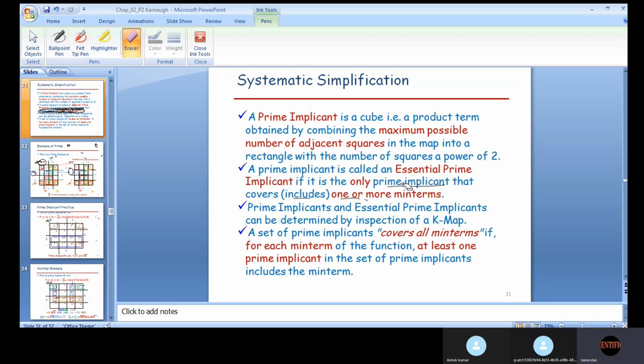If it is the only prime implicant that covers one or more min terms, అంటే ఒక మీన్ టర్మ్ లో ఉన్న లేదంటే ఒక్కటి కంటే ఎక్కువ మీన్ టర్మ్స్ లో ఉన్న, it is called an essential prime implicant only.